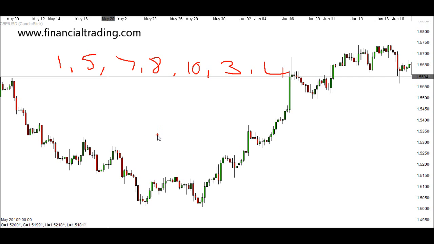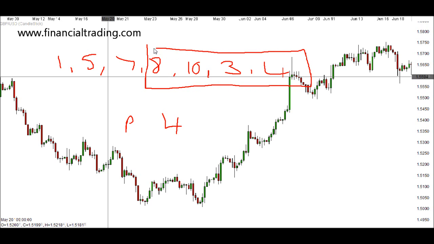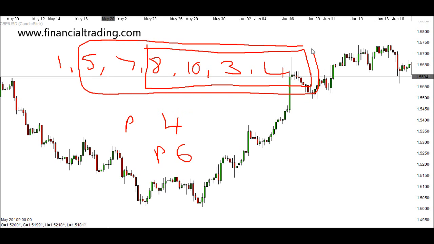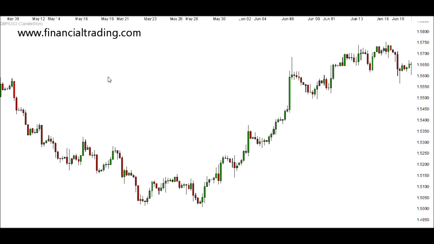If we were to have a moving average set at 4, so a period of 4, it would take the last 4 numbers in our series and calculate the average. If we had a moving average where the period was 6, then we would take the last 6 numbers and calculate the average.